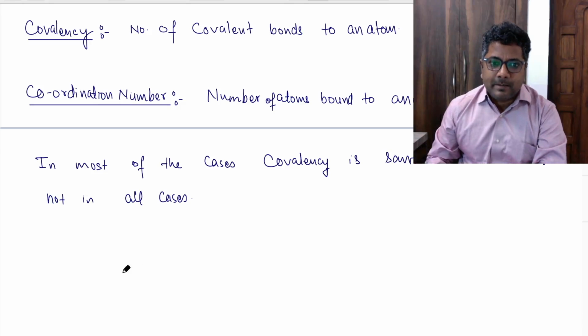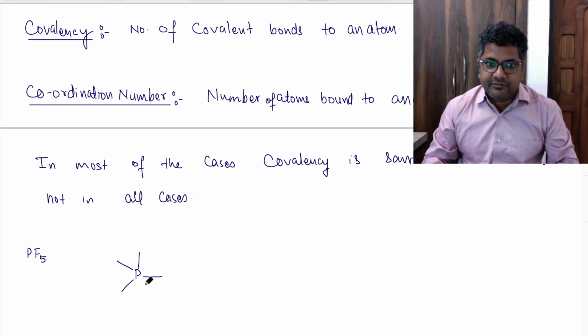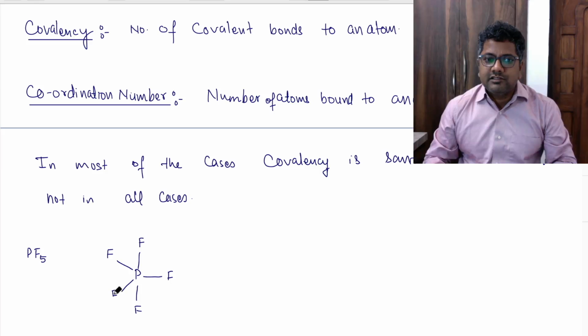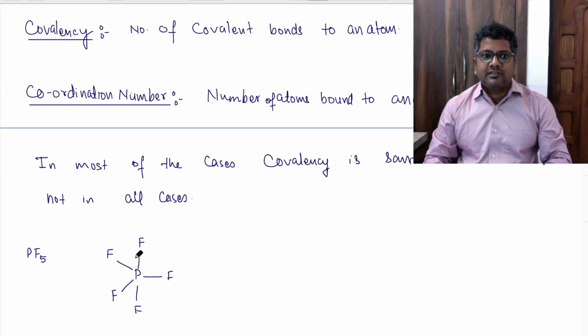For example, suppose that we have PF5, right? So this is the structure of PF5, and if you see here, what is the covalency of phosphorus here?